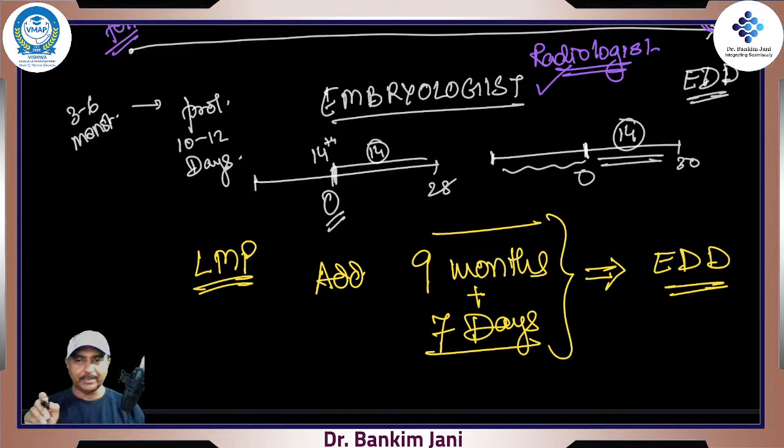So 30 days, and then adding those 7 days takes care of the fact that some months are 28 days, some are 30, some are 31. When we add this, it comes to an almost perfect prediction of EDD, expected date of delivery. This is a rule which is followed clinically. So that's the difference between the embryologist and the clinician's part.